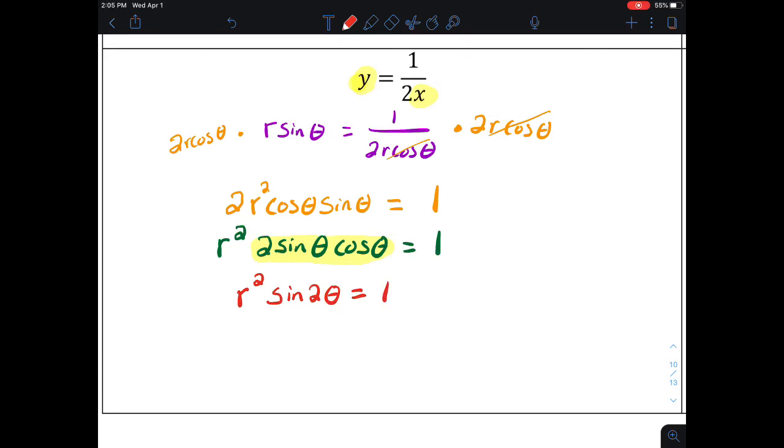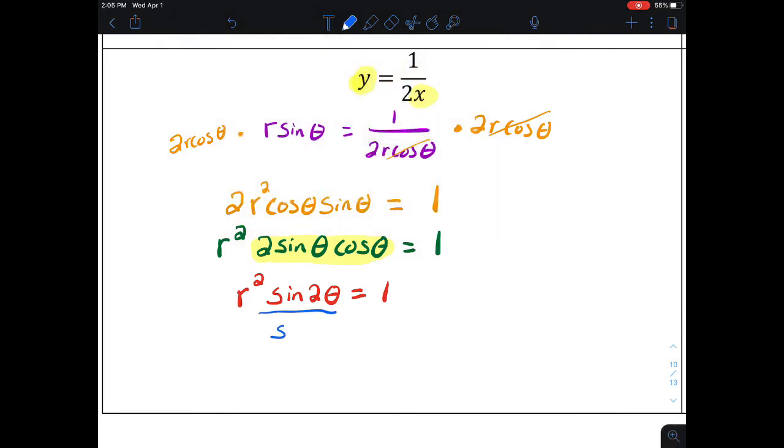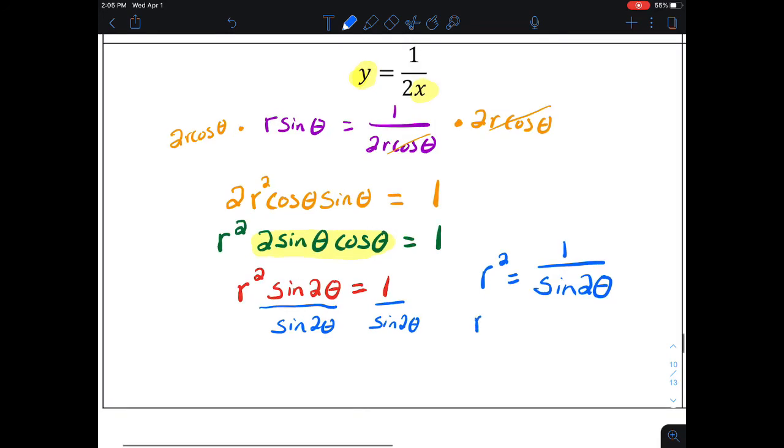Well, if I now divide both sides by sine of 2 theta, we have r squared is equal to 1 divided by sine of 2 times theta, and 1 divided by sine of 2 theta makes cosecant of 2 times theta.